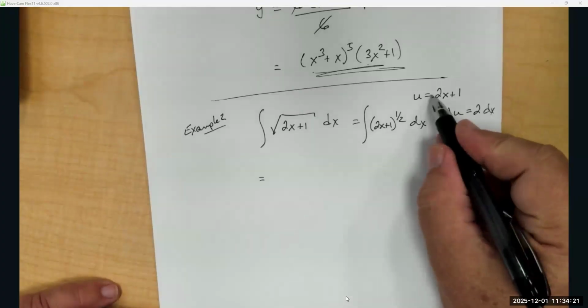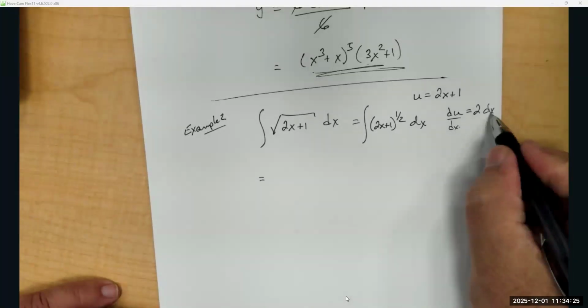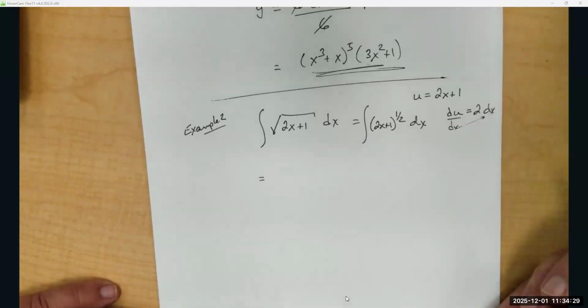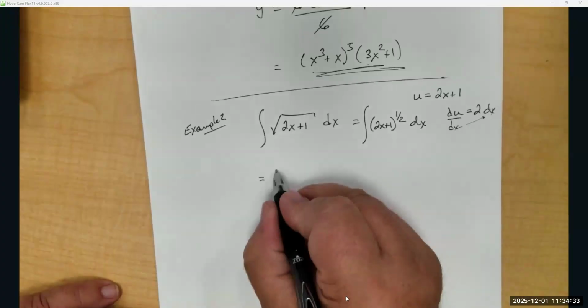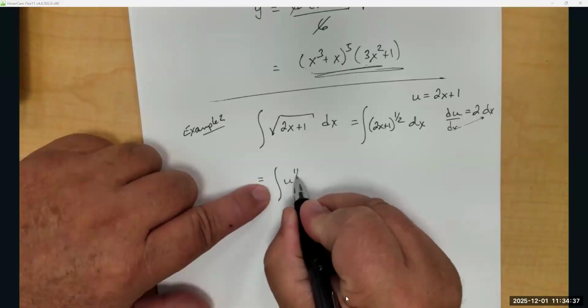Because when you take the derivative of u, it's with respect to x. Move that over there. So du is 2 dx. So we have u to the power 1/2.